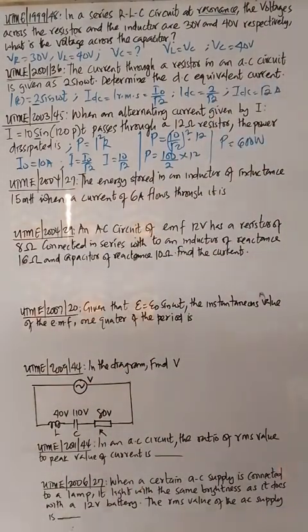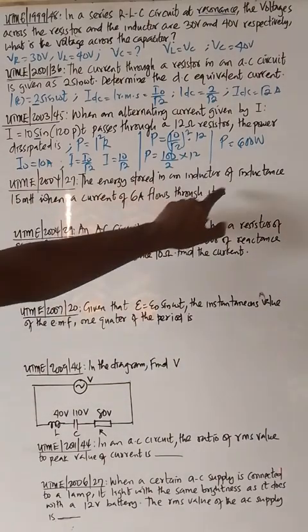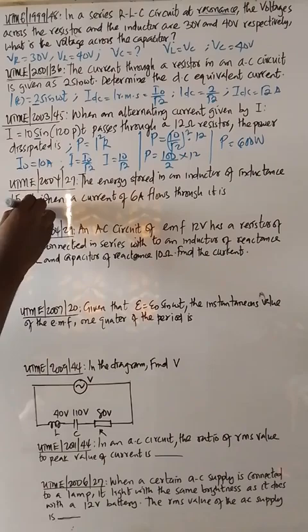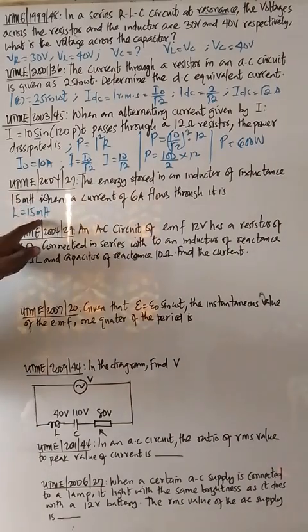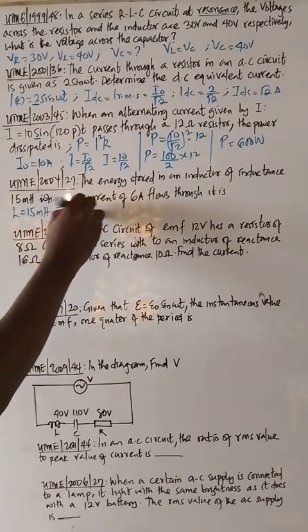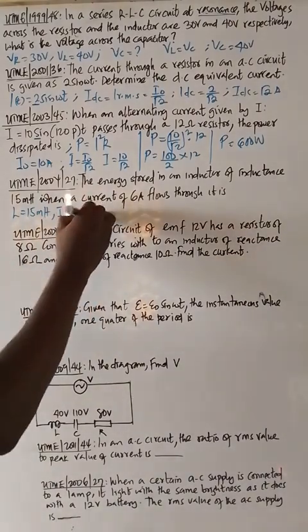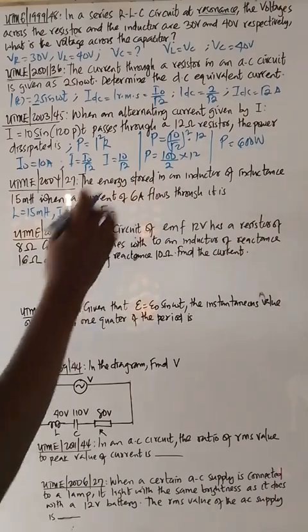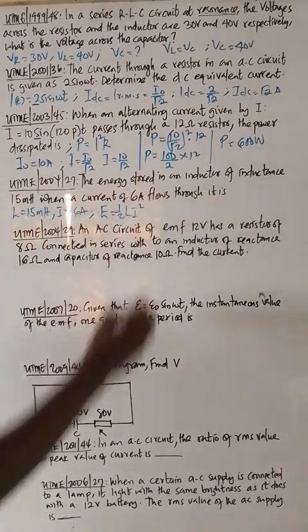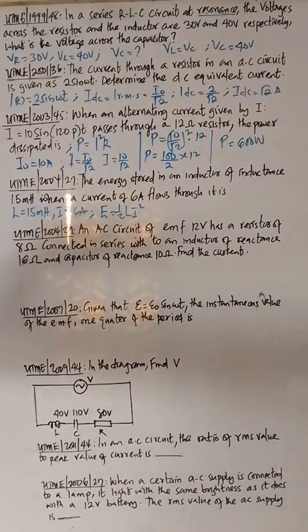600 watts. Next one. The energy stored in an inductor of inductance 15 millihenry. Inductance is what? 15 millihenry. But note, milli is what? 10 to the power of minus 3. So when a current of 6 amperes, so we are given I to be 6 amperes, flows through it, you are looking for energy. Recall during lecture I told you, for an inductor, the energy is what? Half L I squared. In this case, we have only one inductor. If you have more than one inductor, if they are in series, you add. If they are in parallel, you treat them like parallel arrangement of what?